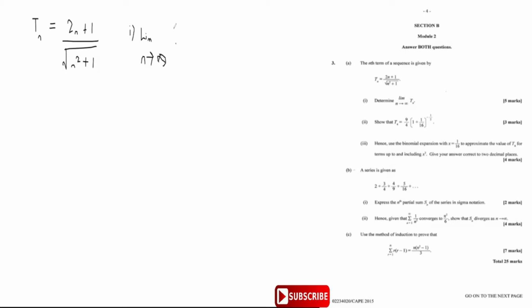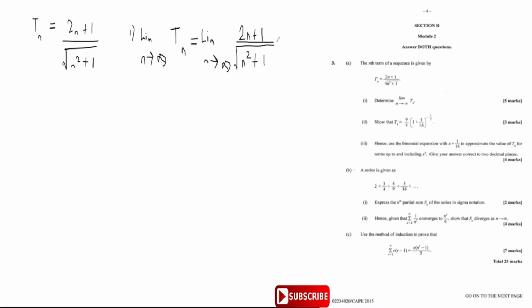So the limit as n goes to infinity of Tn, what they're asking us to do is evaluate the limit as n goes to infinity of that statement over there, because Tn is equal to 2n plus 1 over the square root of n squared plus 1. When you're doing these limits, the first thing you need to do is divide through by the highest power of n.